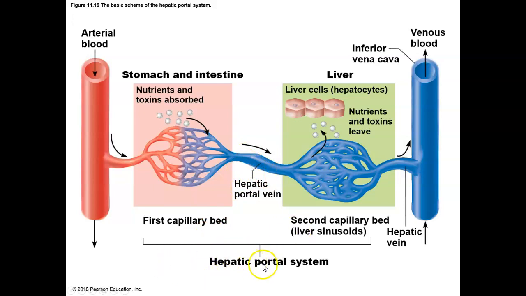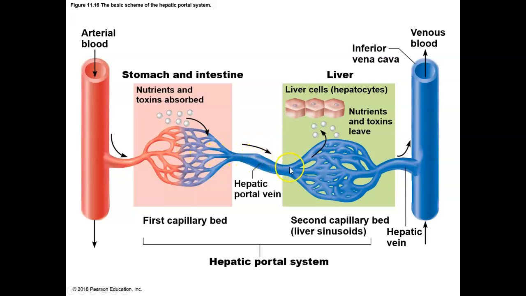So any portal system is a system that contains two sets of capillary beds. So we have oxygen-rich blood coming in, going through this first portal system, where we're taking nutrients in, and there may be some toxins or other materials coming in, but then the blood is no longer considered oxygen rich.